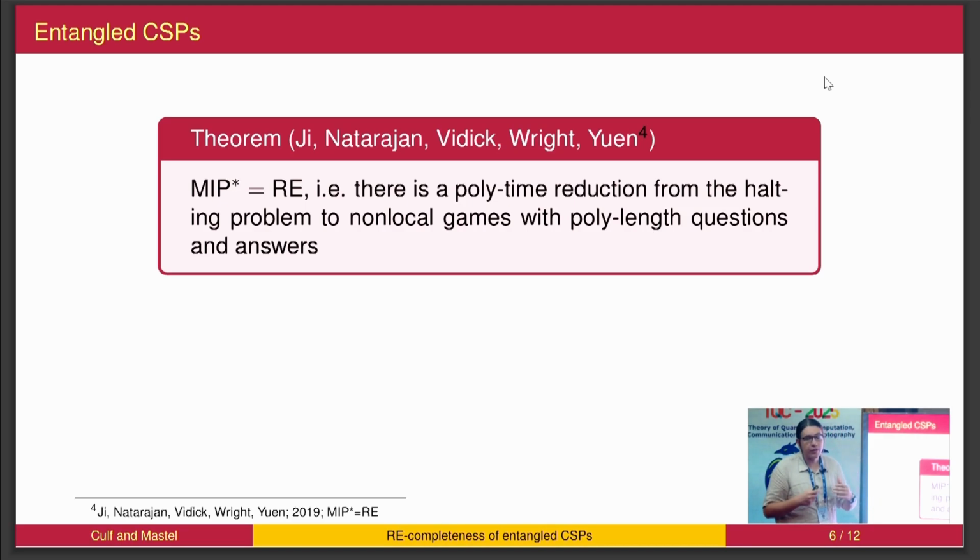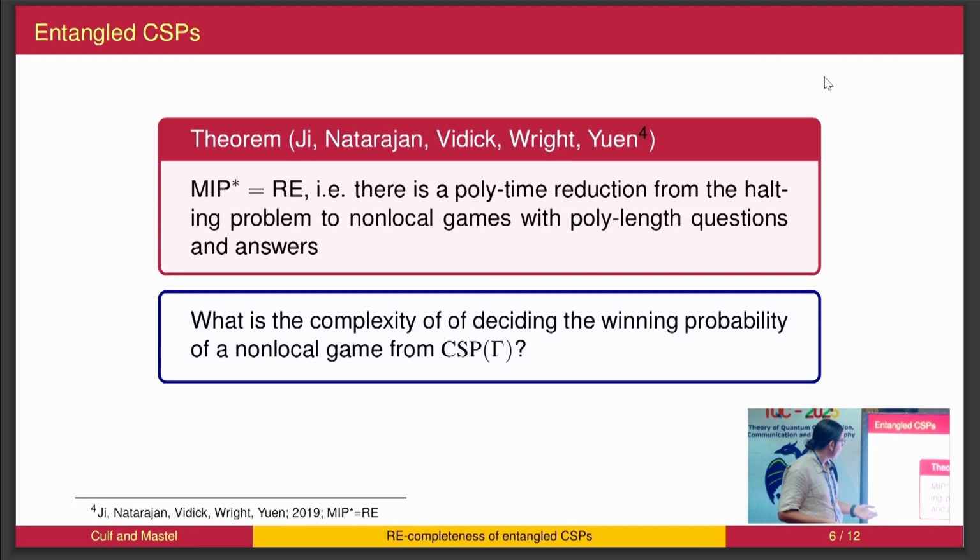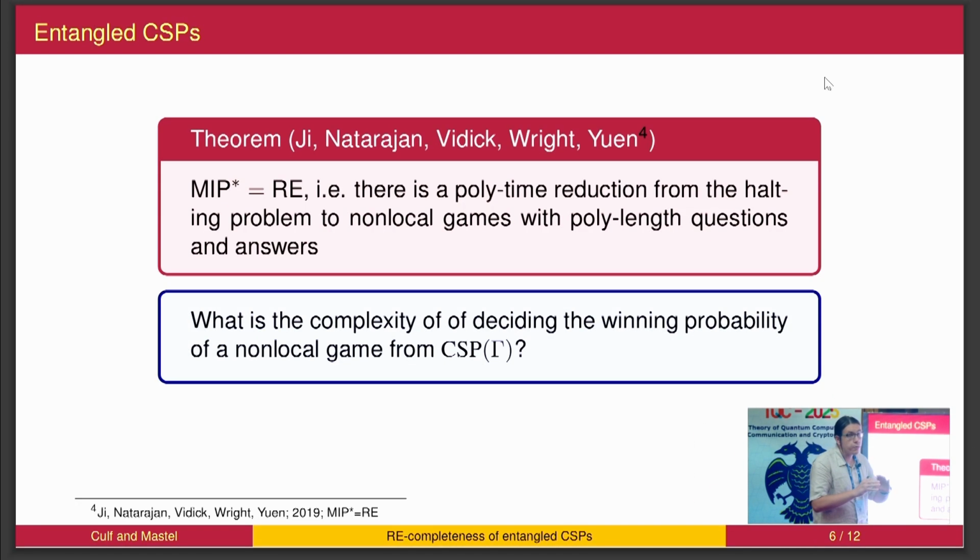But the non-local games are very general, right? They're polynomial length questions, polynomial length answers, and no real structure on the questions and answers. They're just general non-local games. So if we want to restrict to these specific CSP games that have a lot more structure, does the complexity stay undecidable, or does it immediately drop off?